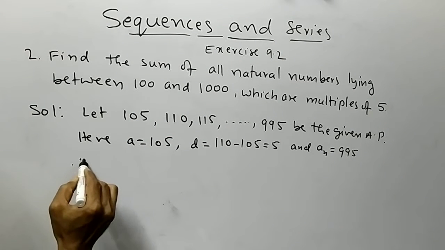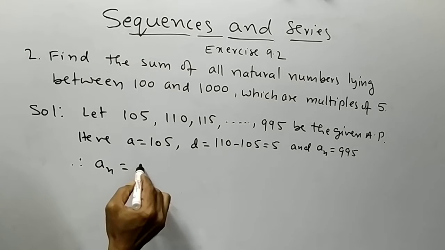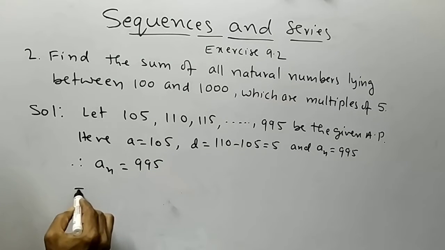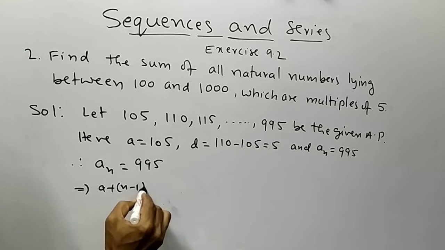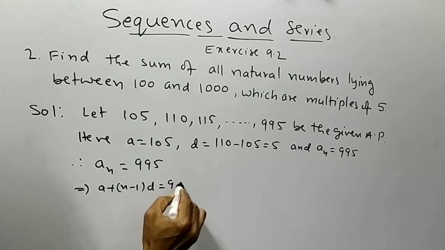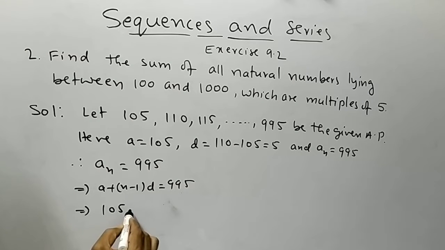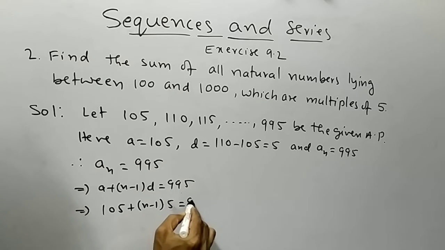Therefore, An is equal to 995 implies A plus n minus 1 into D is equal to 995 implies 105 plus n minus 1 into 5 is equal to 995.